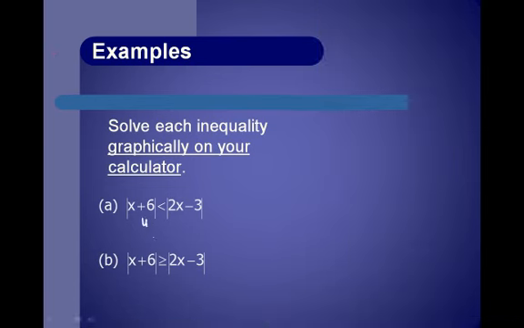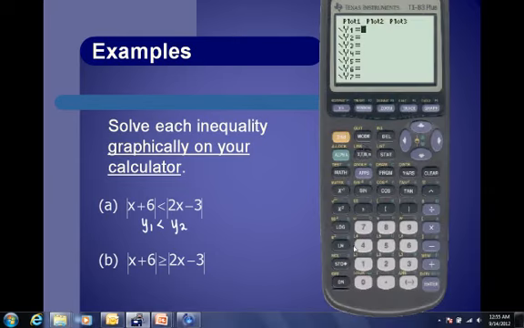Well, we're going to graph where y1 is less than y2. So on our calculator, y1 is going to be math, slide to number, choose absolute value of x plus 6. y2 is going to be the absolute value, math, number 1, of 2x minus 3.